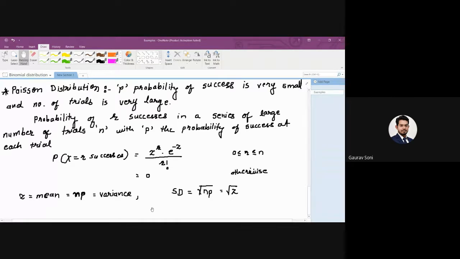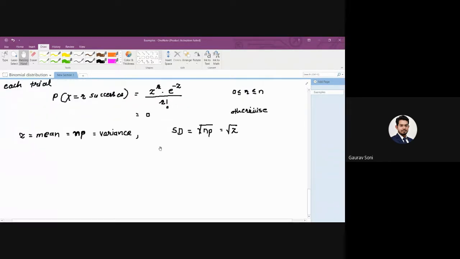Again after this we'll see other distributions. We repeat the same statement so that you understand why we are studying so many different probability distributions.